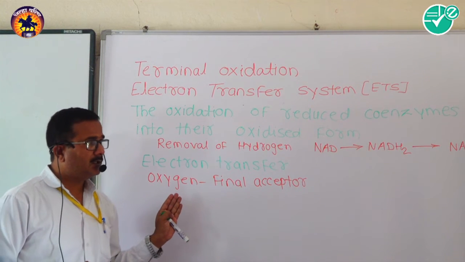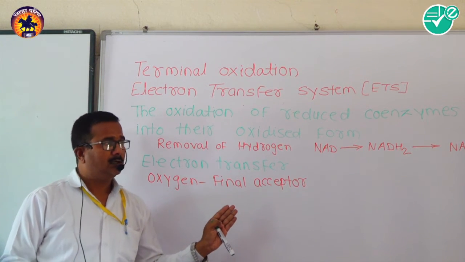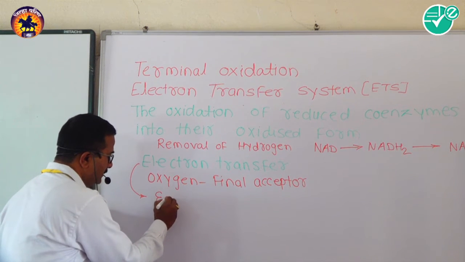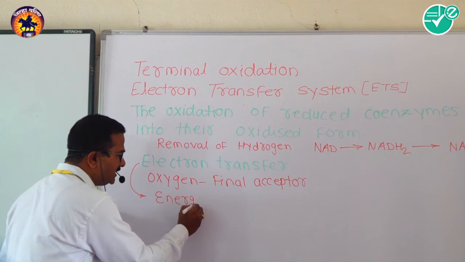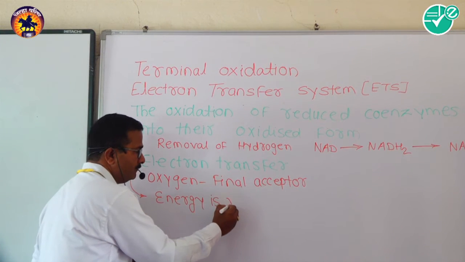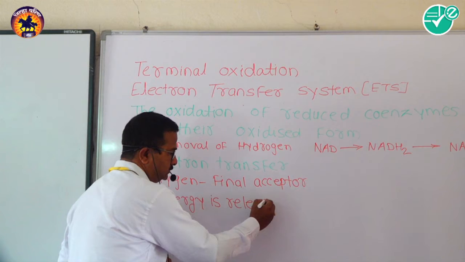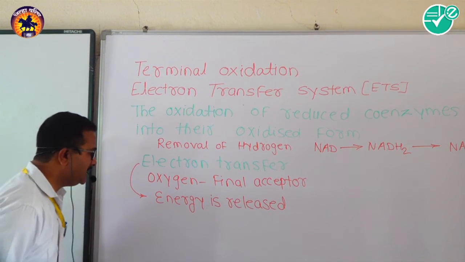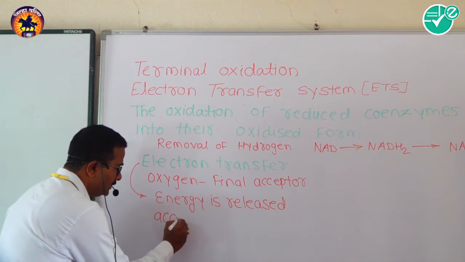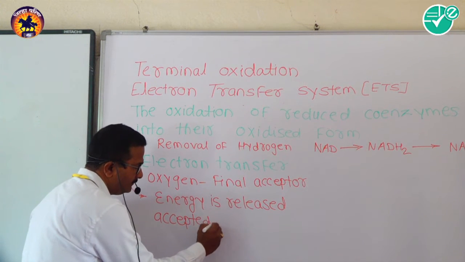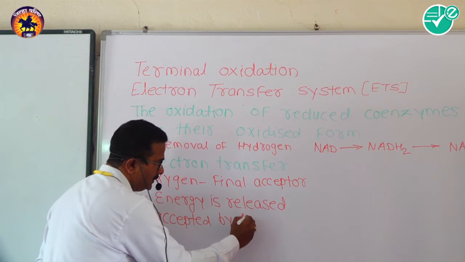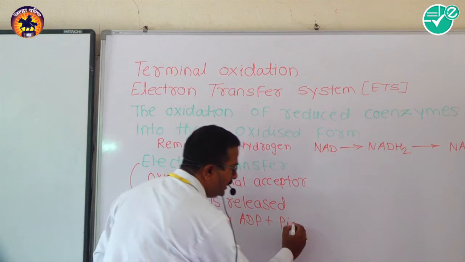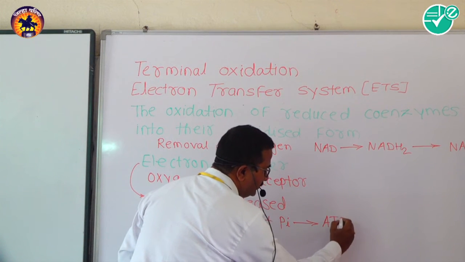During this electron transfer, energy is released. This energy released is accepted by ADP and inorganic phosphate, and they convert into the ATP.